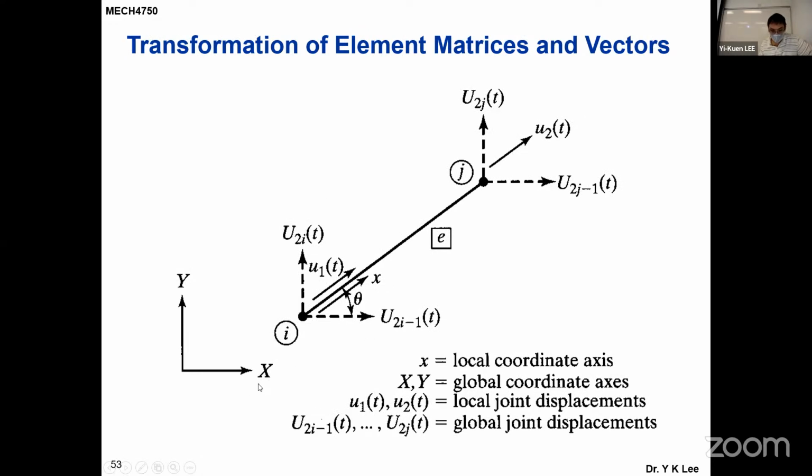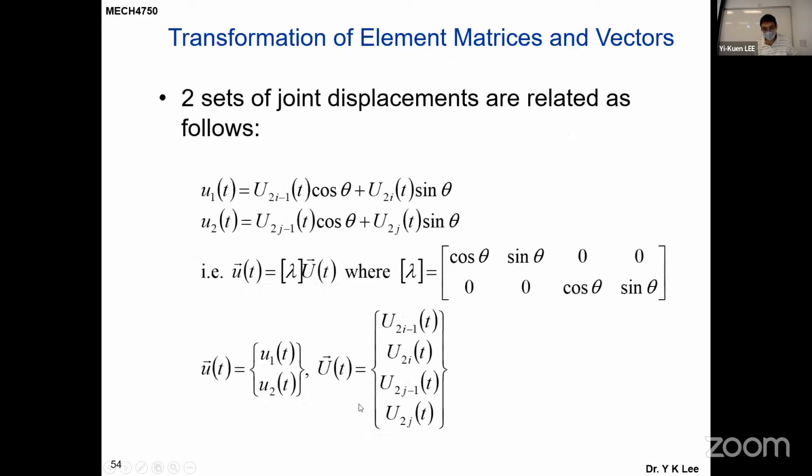In this case we define the global coordinate system, capital XY, and local coordinates, and also the displacements, global and local. Capital variables are global, small letters are local. For each node we can describe U1, U2 as a linear combination, comparing local and global.